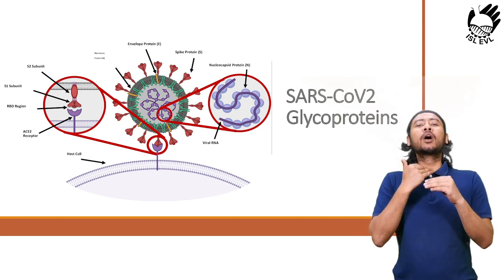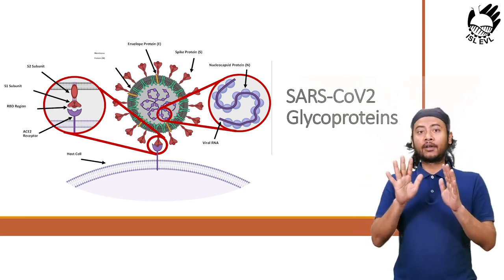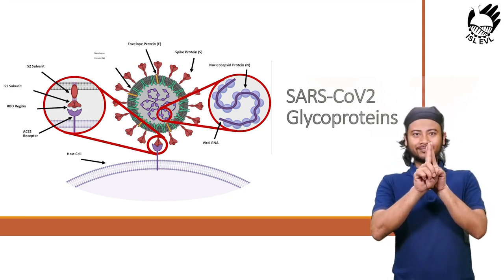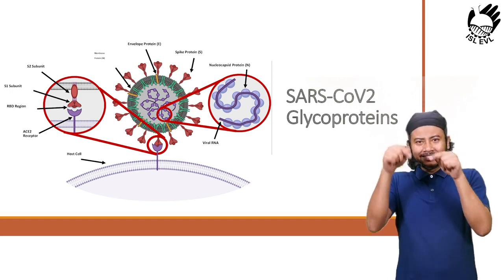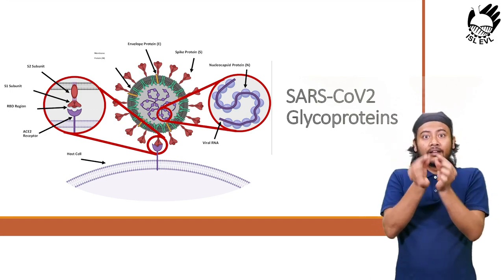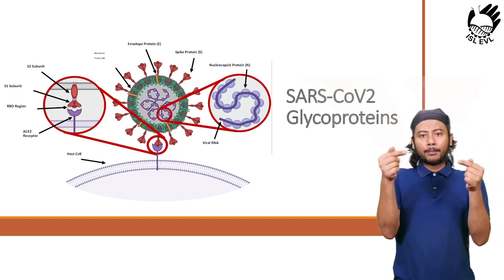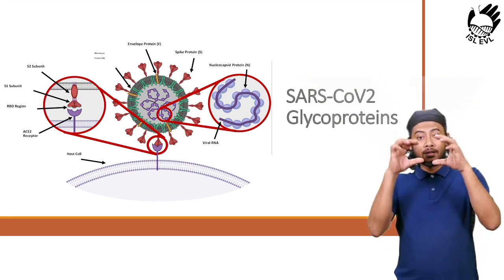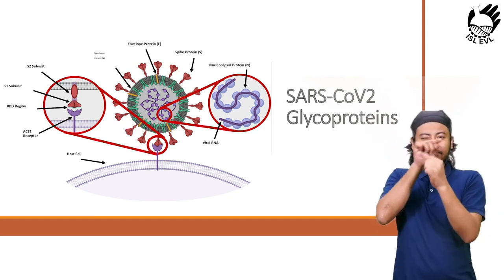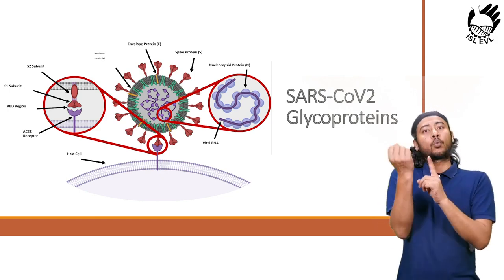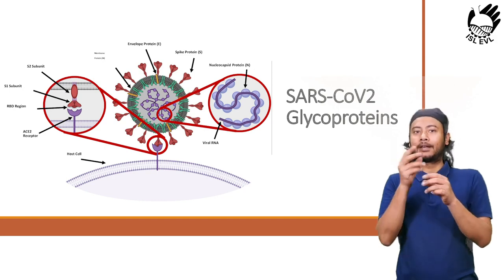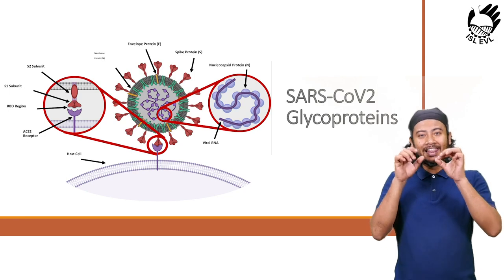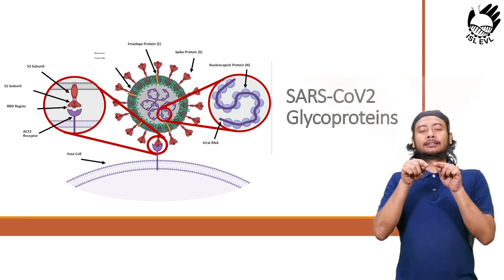There are several glycoproteins and structural proteins on the SARS-CoV-2 virus, such as the spike protein, which is on the surface of the virus, the envelope protein, which is also on the surface but embedded inside the membrane, and the membrane protein. The nucleocapsid protein, another important structural protein of the SARS-CoV-2 virus, is a phosphoprotein, and that sits inside the virus particles.